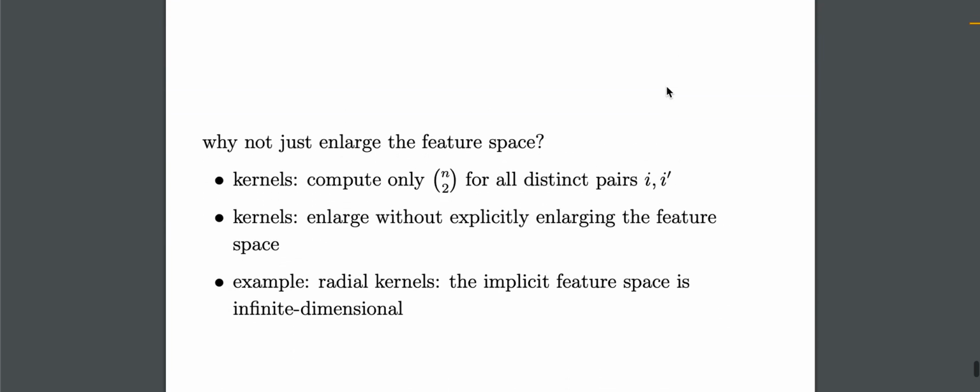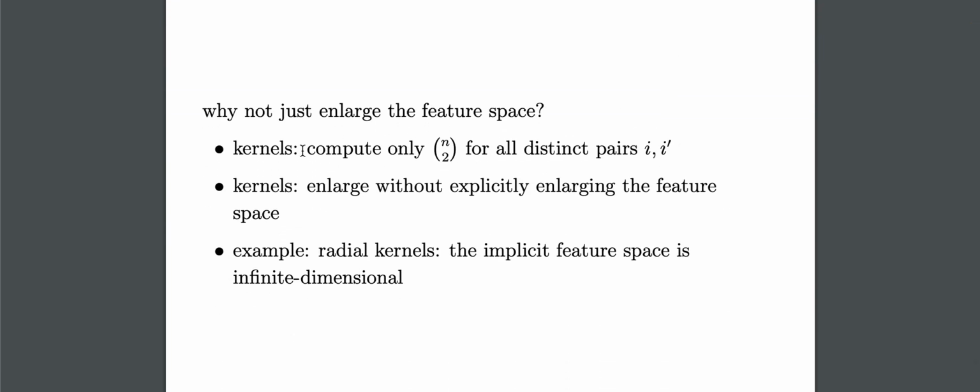All we need for the kernels is to find and choose two inner products. But for the radial kernel, the implicit feature space is infinite dimensional. So we wouldn't even be able to write it down and do the math here. So the major idea here is that we are enlarging it without explicitly enlarging the feature space.